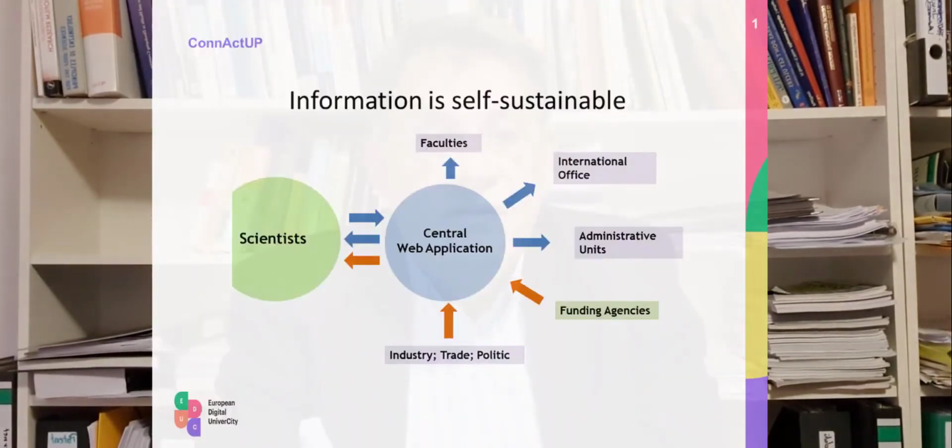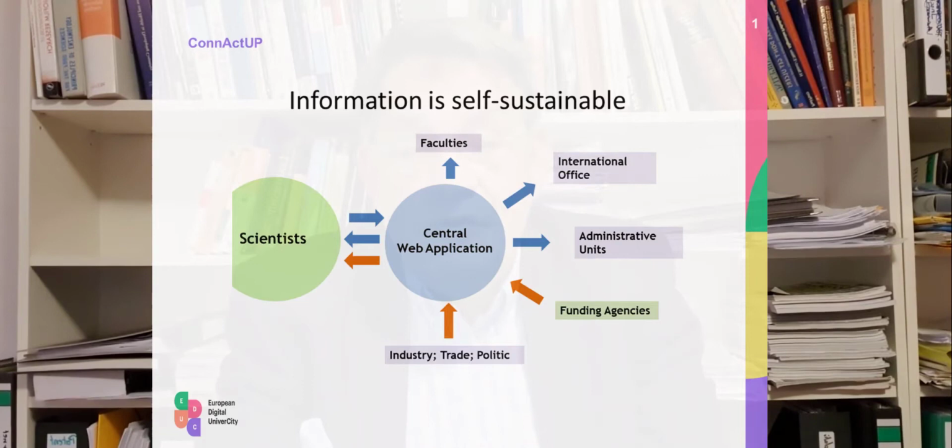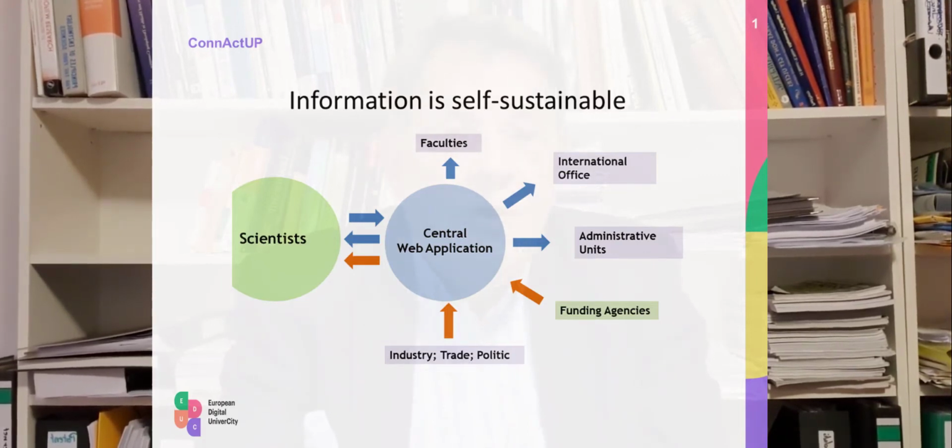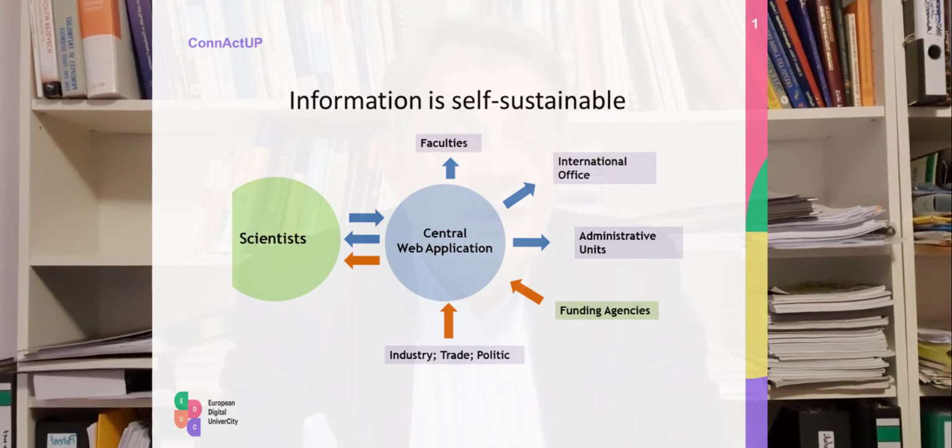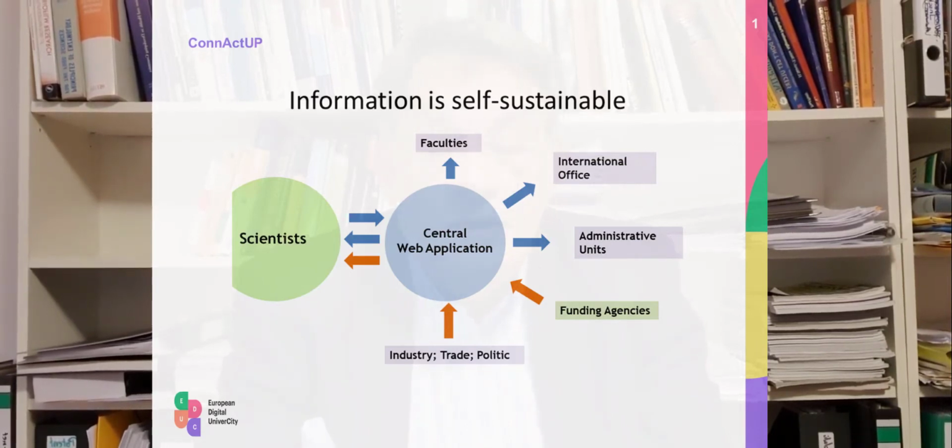To do so, we started with our web application called Connect Up. We connect the scientists and enable them to act independently and cooperate with scientists. In this context, the scientists are giving in the information of their cooperation project in this web application. The moment the information is in, it is available to everybody in the consortium.